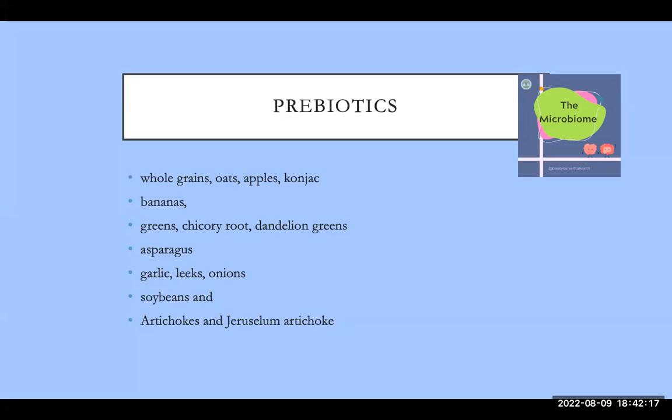Like, what's one of the best foods on here that gives a high amount of fiber? It has a fiber substance called inulin. And that inulin is one of the key factors in prebiotics that we're consuming. So any guesses, anybody?